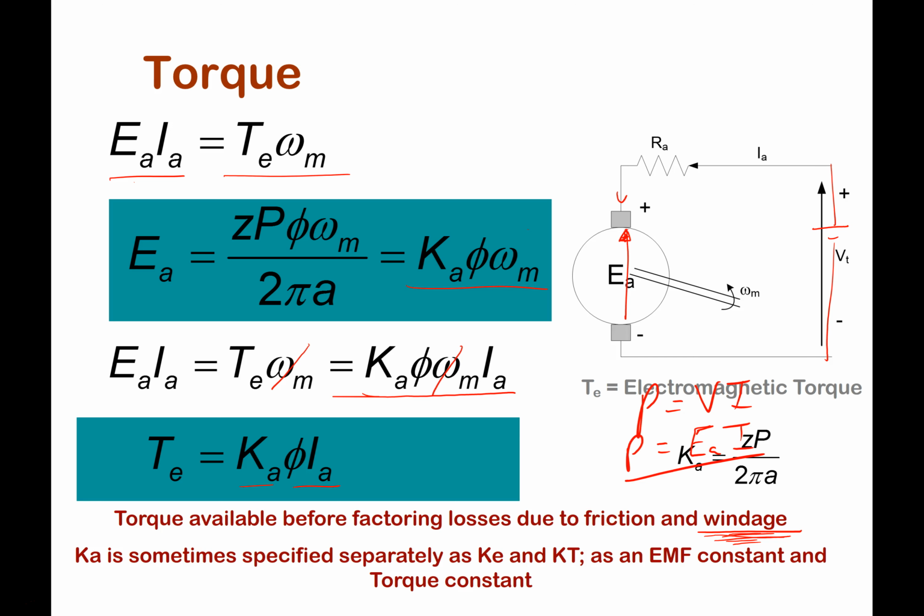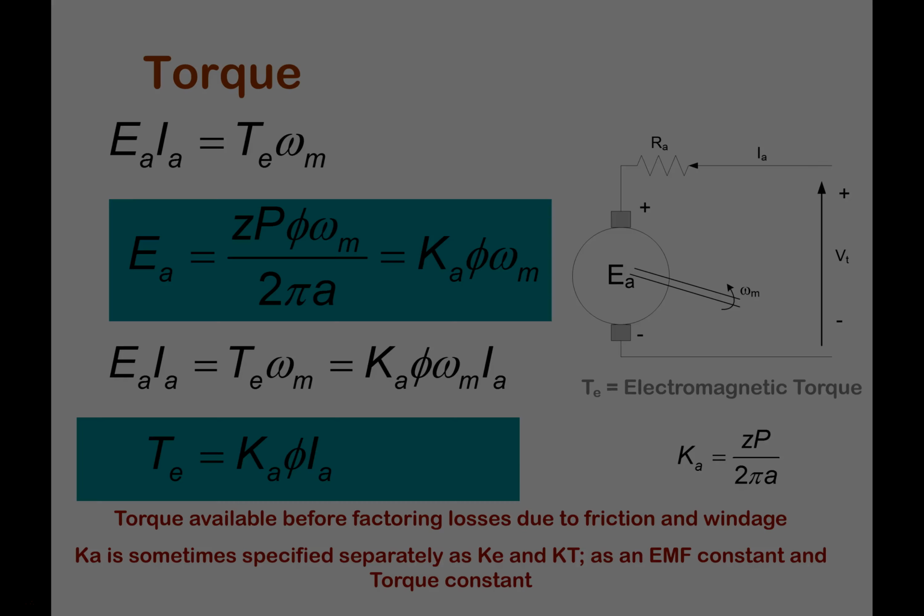When we subtract those, which are drag forces, we will get the net torque which is available to the user, and that would be the torque which is specified on the nameplate or in the ratings of the motor.